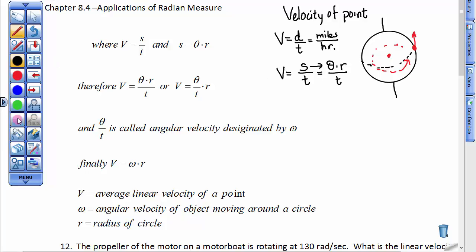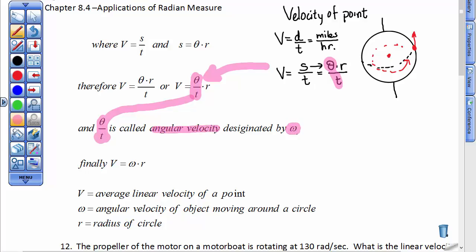And now what we're going to do is take this theta over time, which is right here. So I'm at this point in this proof, if you will. The velocity of an object is found by taking the angle that it travels through over a period of time, times its radius. And this theta over t is going to be called the angular velocity, designated by the Greek letter omega.